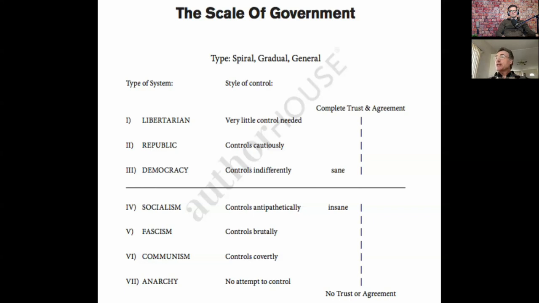Going in and killing 1,400 civilians, women and children, that's insane. Those guys belong in a padded cell or on the gallows. It's not sane. So that's what's going on with the scale of government. It's very clear if you read the chapter. And this is how you should evaluate governments and know what you're dealing with.